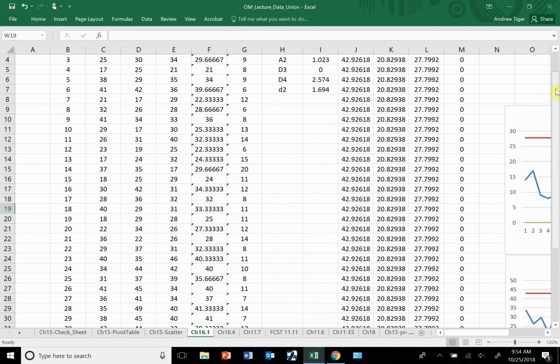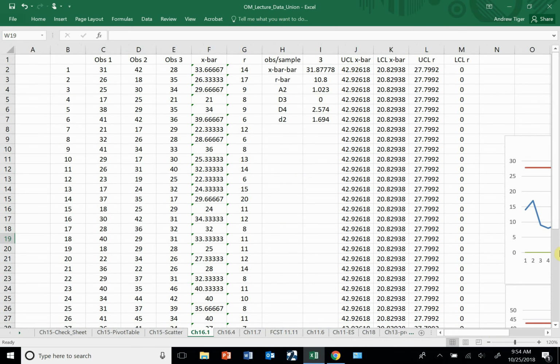What we have to do is compare the process, not the sample, but the process, to the customer requirements. For this problem, the customer requirement is that tread wear should be between 15 and 45. That's an input.